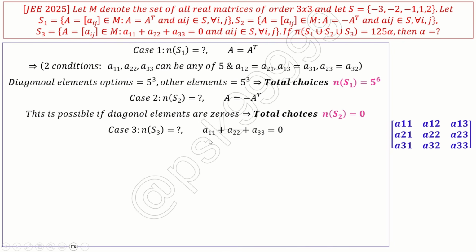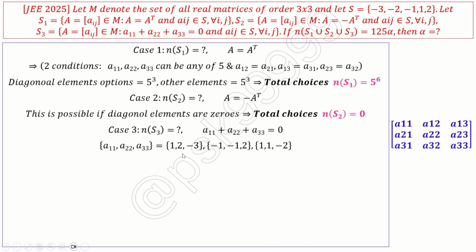Case 3. Here the condition is A11 plus A22 plus A33 is equal to 0. That means the sum of diagonal elements is 0. So you have to find the cases where the sum of these 3 can be 0, and those 3 can be arranged in any way. A11, A22, A33 can be either 1, 2, minus 3, or minus 1, minus 1, 2, or 1, 1, minus 2, and there is no other option possible.